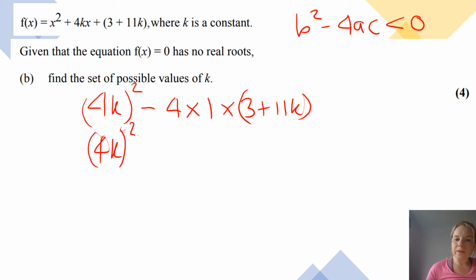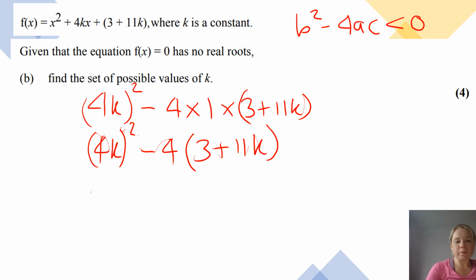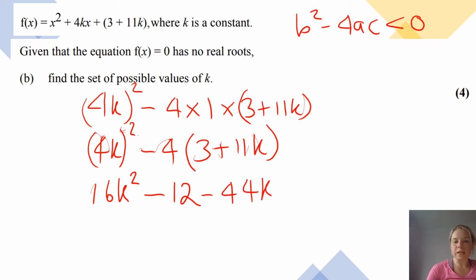This bit here, if you think about this as minus 4 times 1, it's just minus 4, and we're going to times that by both 3 and by 11k. So you should end up with, I'm just going to simplify that bit there, and then minus 4 times 3 is minus 12, and then minus 4 times 11k is minus 44k, and we know all of that is going to be less than 0.